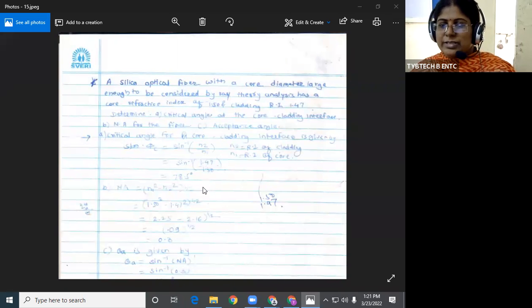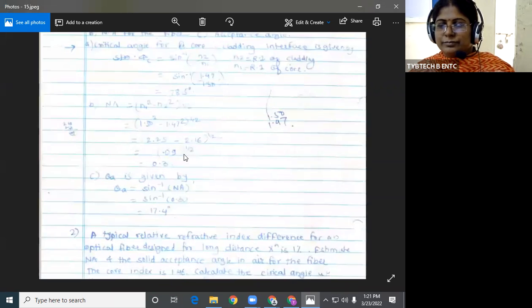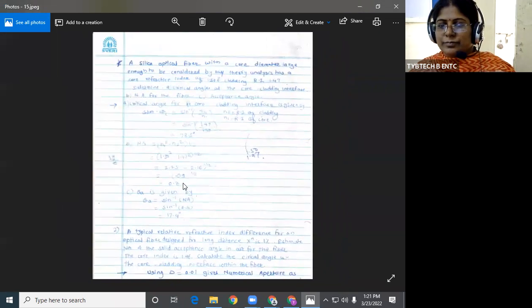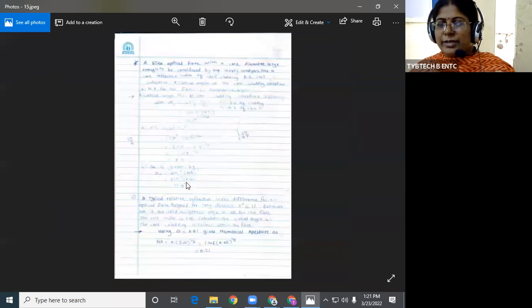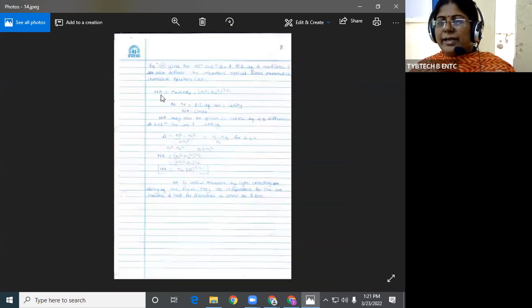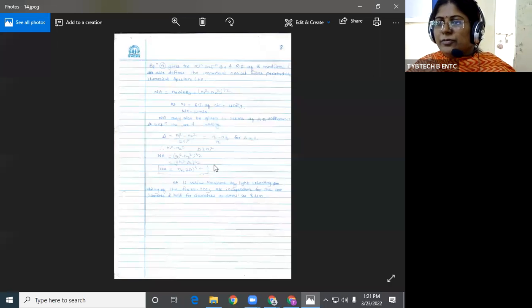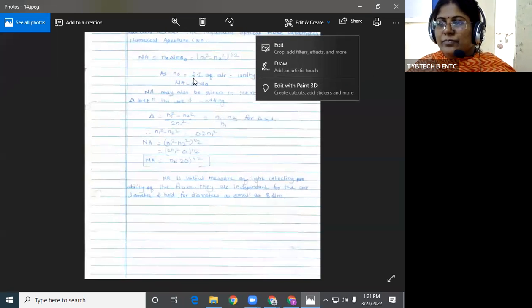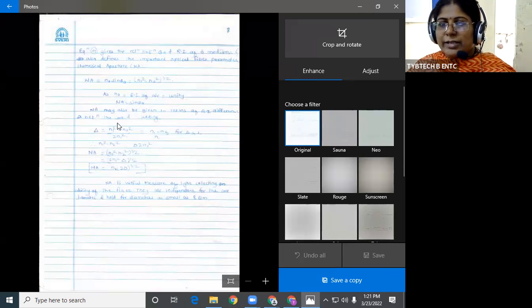I will show you once again. We saw this formula in the derivation. See, NA is equal to n0 sin theta A, that is equal to (n1 square minus n2 square) raised to 1 half. Means you can use this formula also.